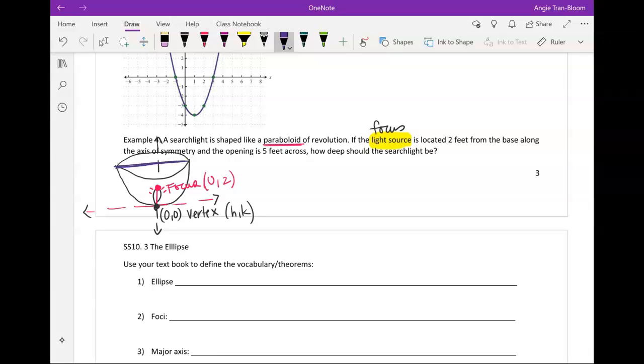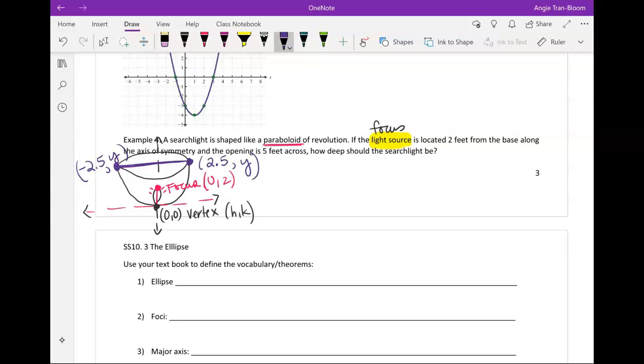So this is 5 feet across. What that means is that I know this ordered pair is 2.5 feet, comma, some y value, and this ordered pair is negative 2.5 feet, comma, some y value. And again, when you can, always try to put the vertex at the origin.